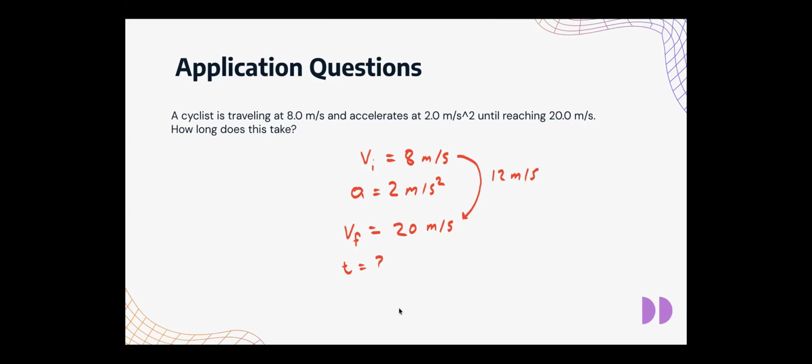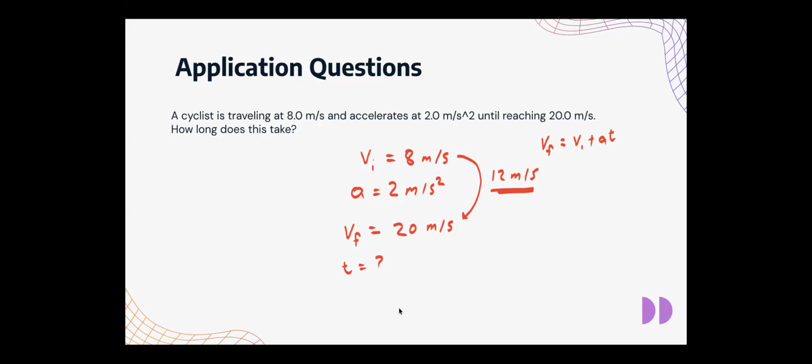If it's accelerating at 2 meters per second squared, and you're trying to cover a velocity change of 12 meters per second, we know that the final velocity is equal to the initial velocity plus at, correct? This was an equation we derived last time, and this is one of the more logical ones.